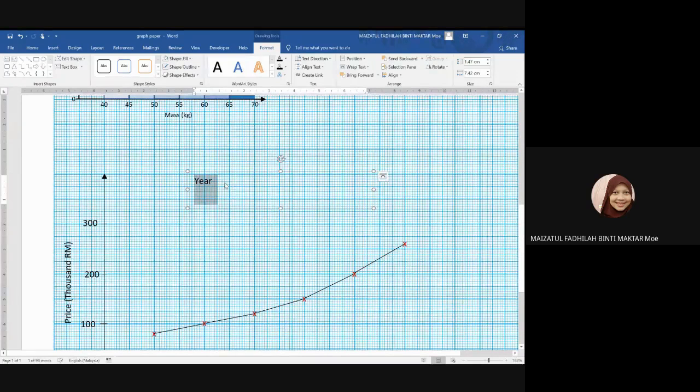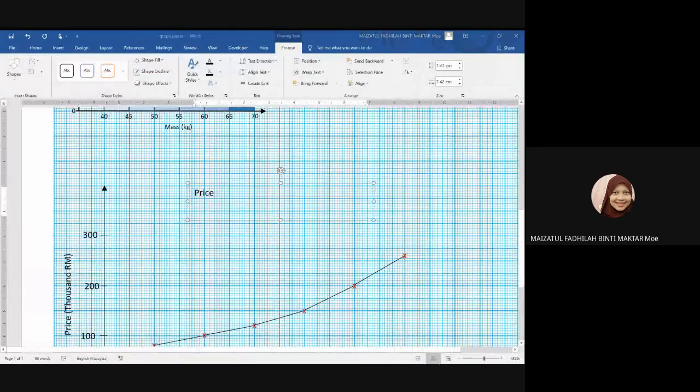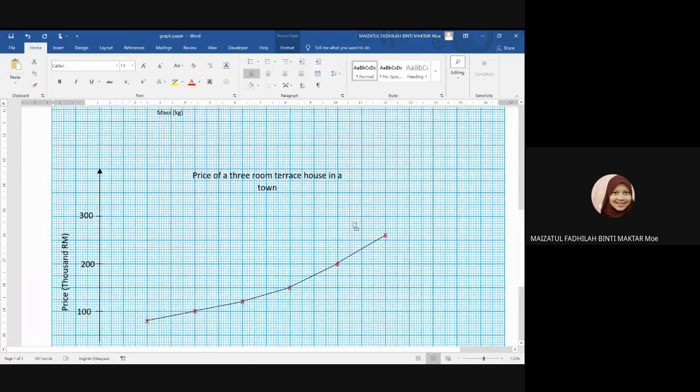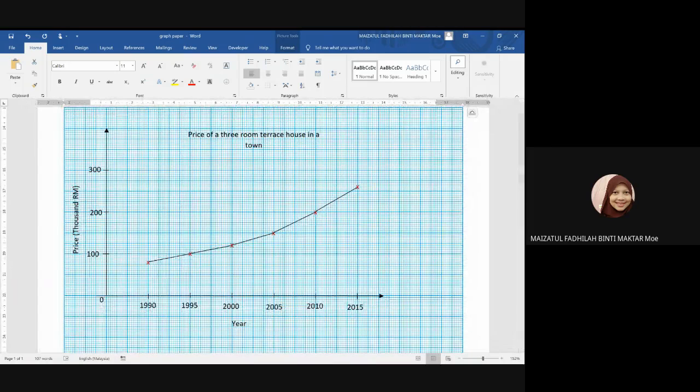Okay, so I just write down price of a three-room terrace house in the town. Okay, if you do like this, just put it in the middle. Alright, so done with question number two.